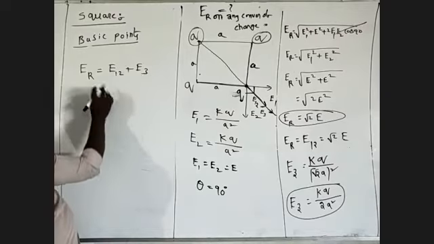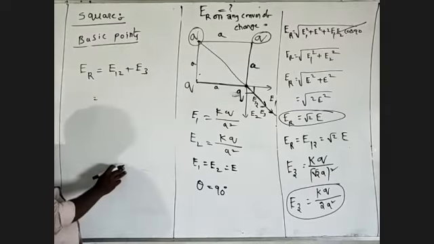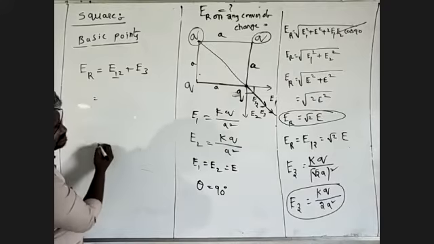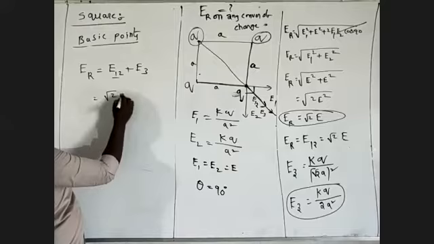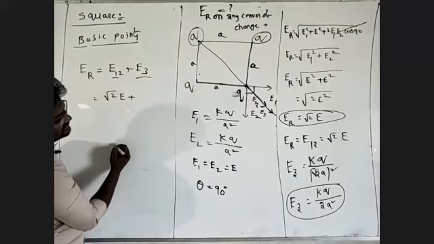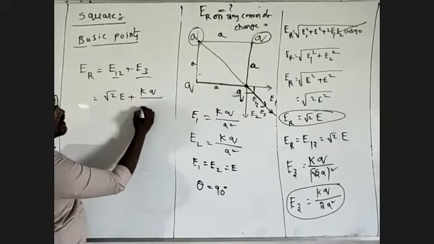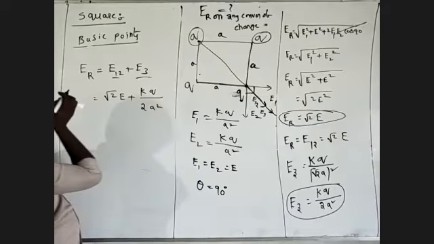Both are in the same direction, which means we have to add. E12 means root 2E, and E3 means KQ by 2a square.